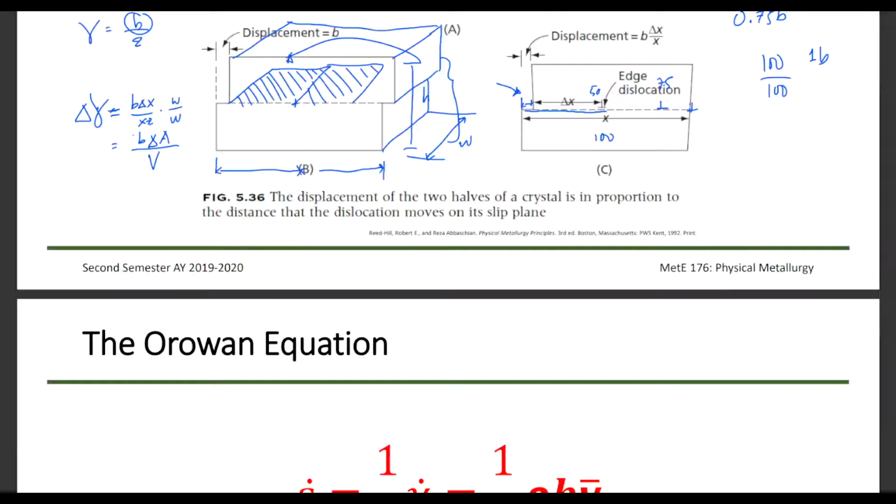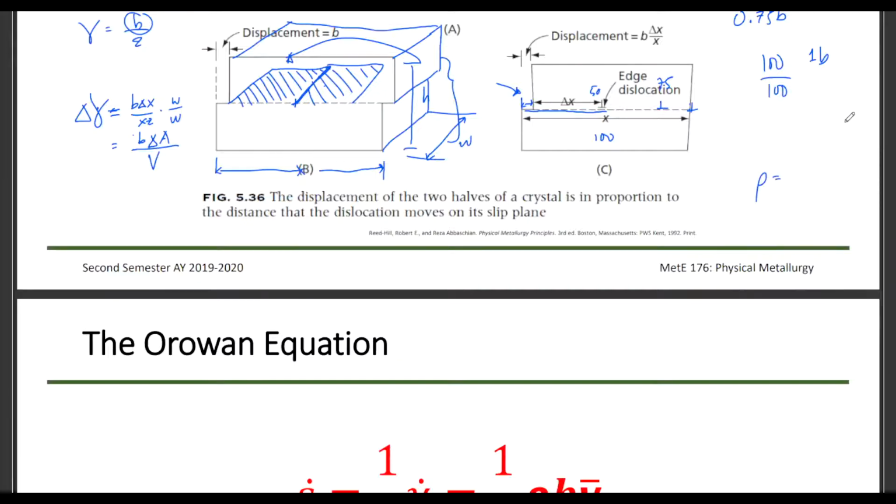We know that this is ano no, ito kasing width na to, this is in a manner of speaking, no, the length of the dislocation. Tama?